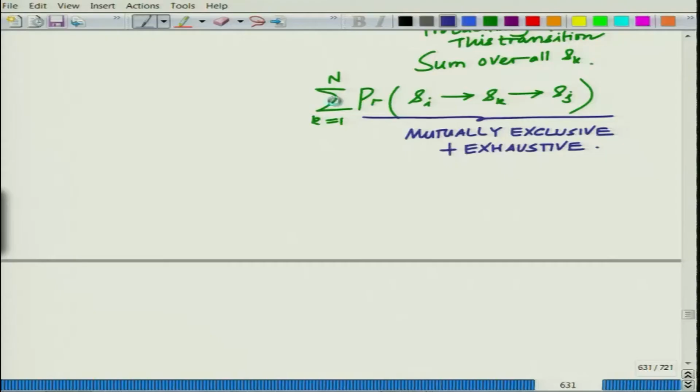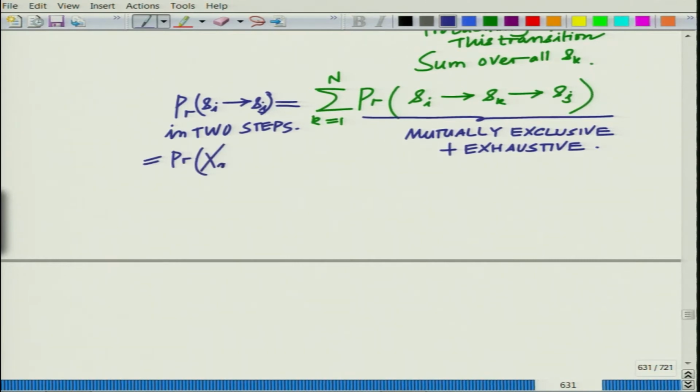So, using the total probability rule, this essentially gives you the probability of going from Si to Sj in 2 steps, which we are writing as the probability that xn plus 2 equals Sj given xn equals Si. So, this essentially follows from the total probability rule.